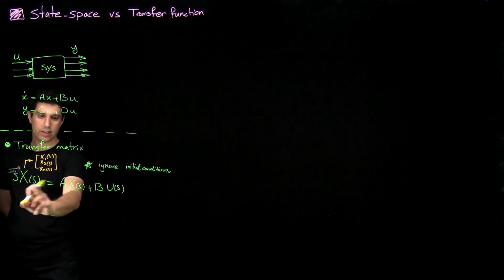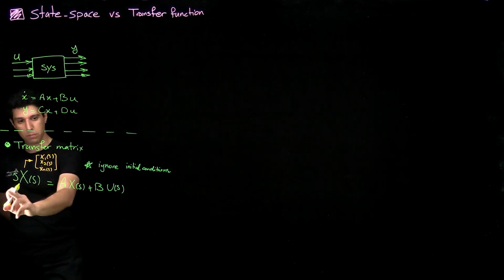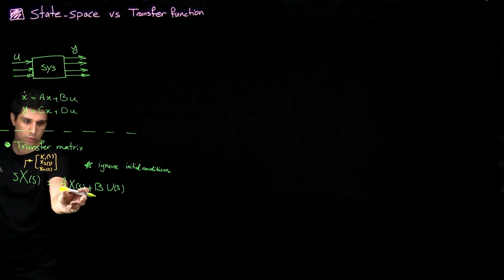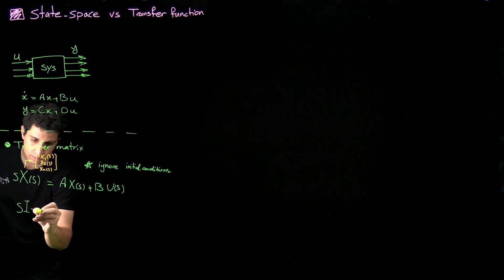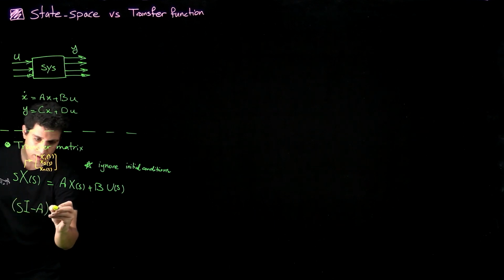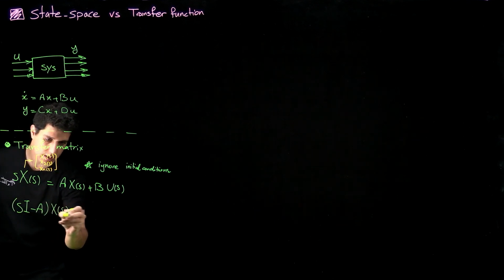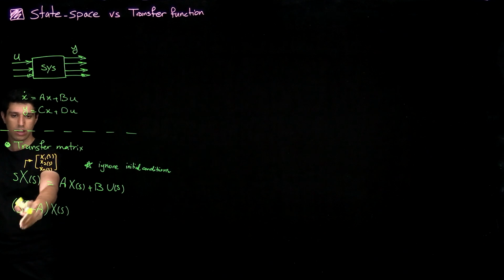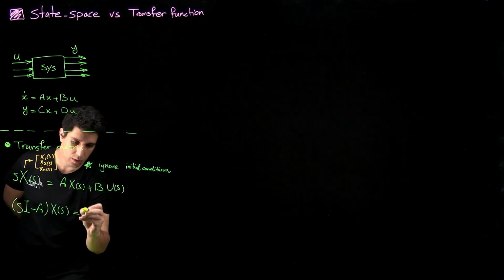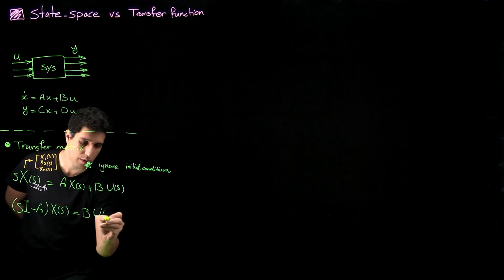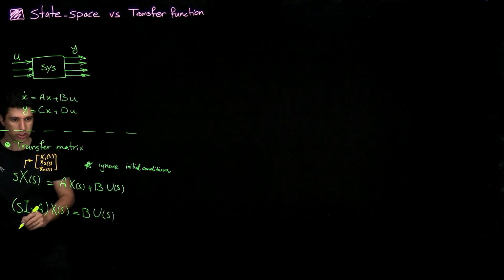So I have X of s and X of s here. I can bring this one to the other side, and I will have (sI minus A) times X of s. This is the equivalent of subtracting in matrix form, equals B U of s. Okay, that's good.